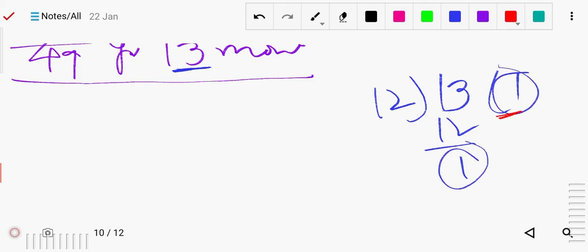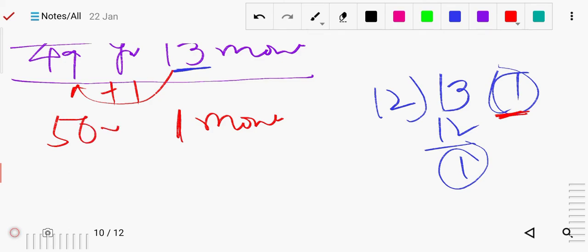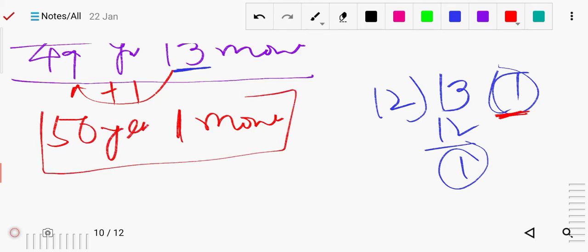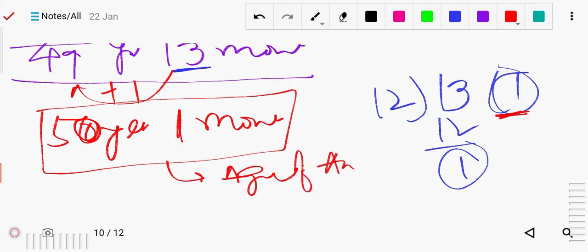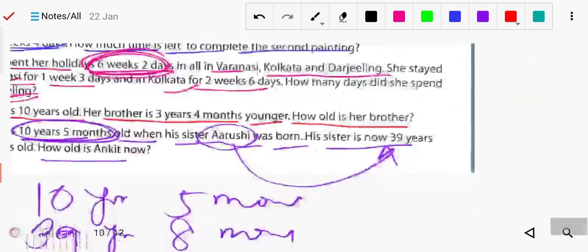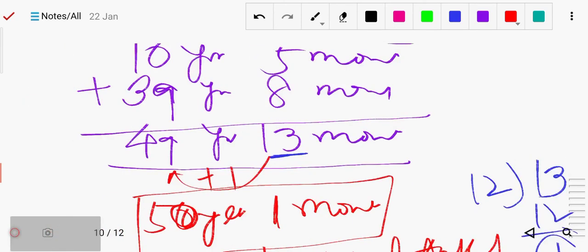This 1 will be sent to the year side, and 1 is left here, so write 1 month, and 49 plus 1 is 50. So 50 years and 1 month is the age of Ankit. Simply what we have done, we added these two ages, and that's how we got the answer.